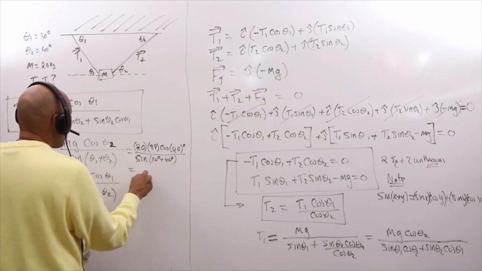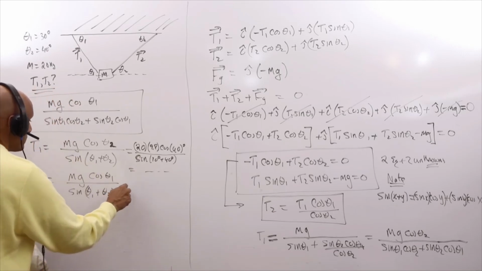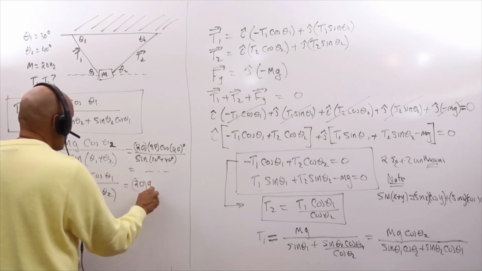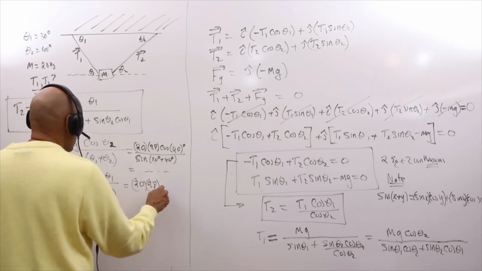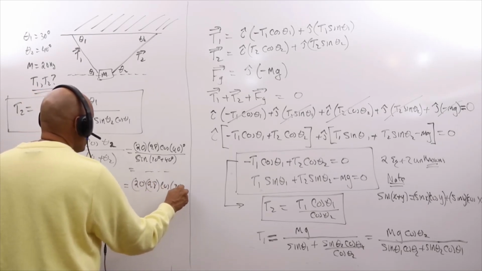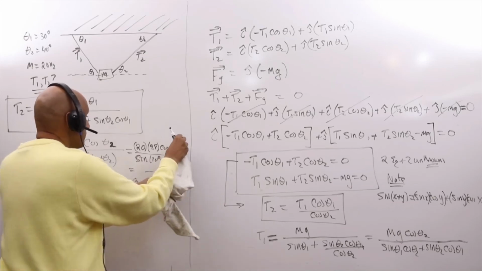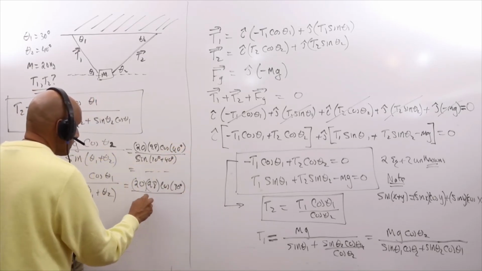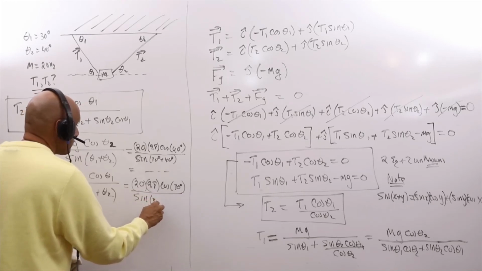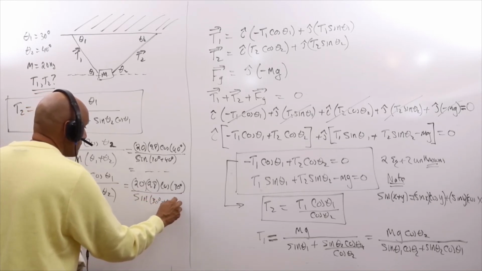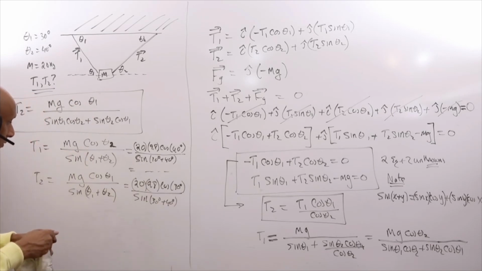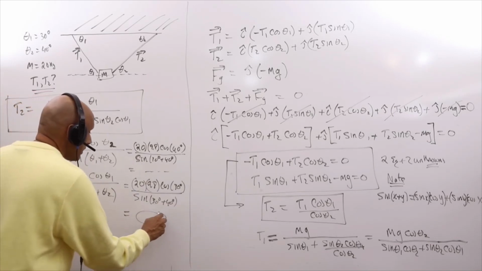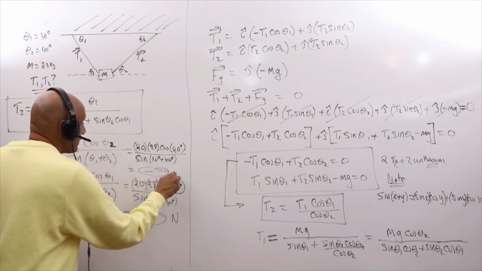And whatever that answer is, plug into a calculator. Same thing over here: mass is 20 kilograms times 9.8 cosine of 30 degrees, over sine of 30 degrees plus 40 degrees. Make sure your calculator is on degrees, of course. And whatever number you get is the answer in newtons.